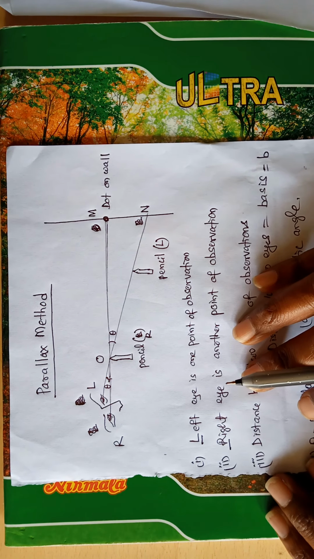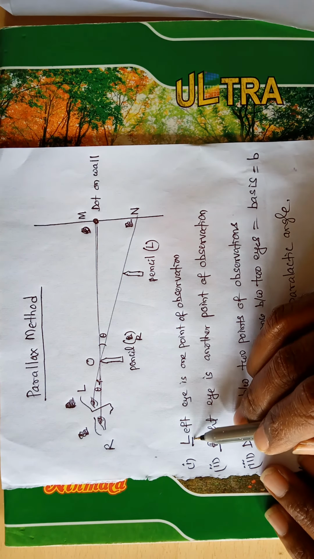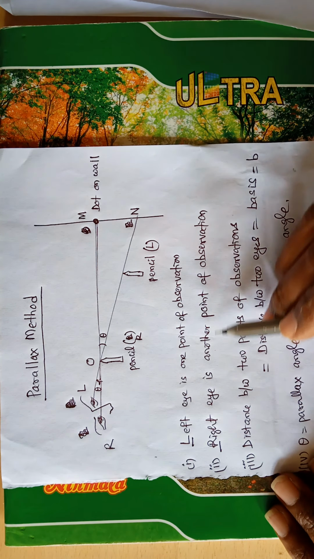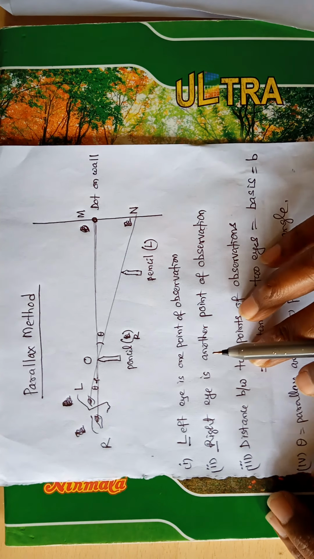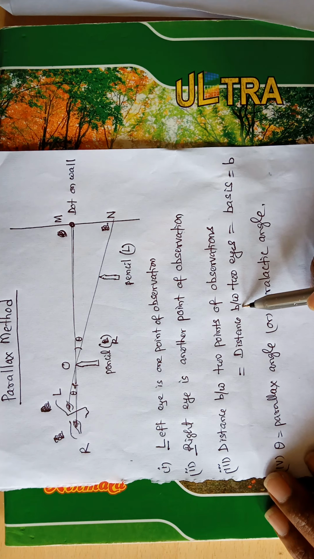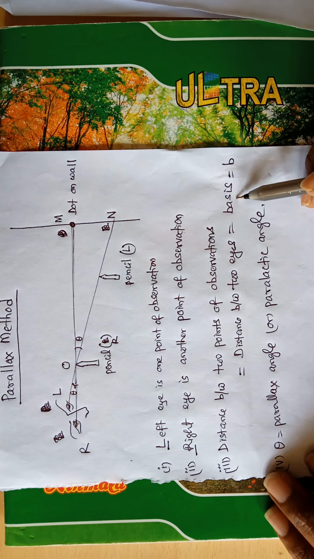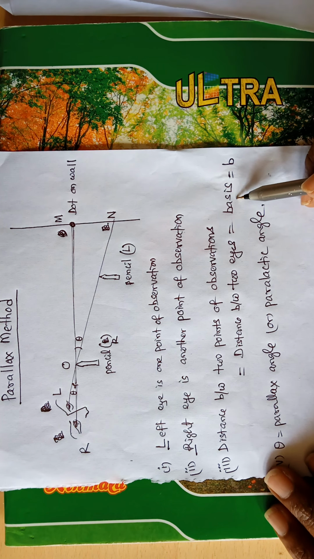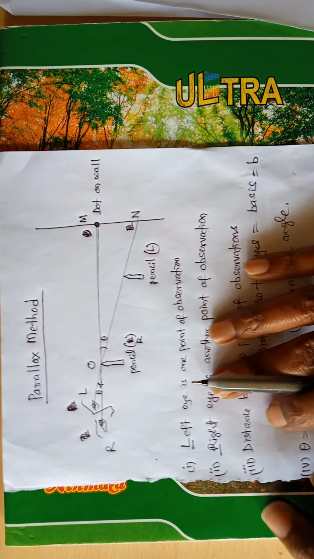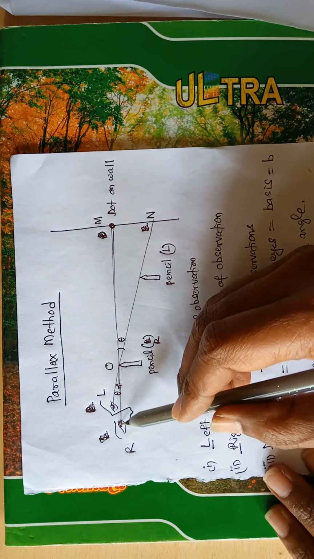I have written here once, let us see. Left eye is one point of observation, right eye is another point of observation. Distance between 2 points of observation, that is distance between 2 eyes, is called basis, and that is represented by small b.